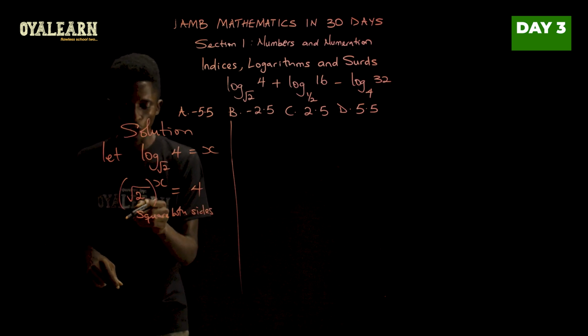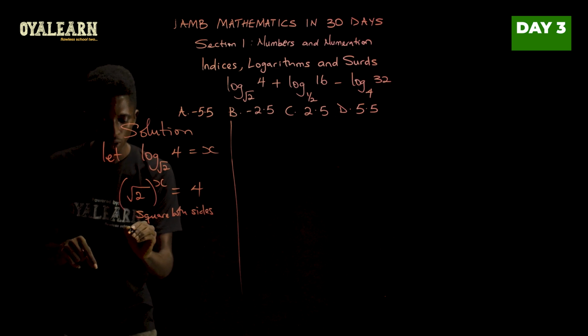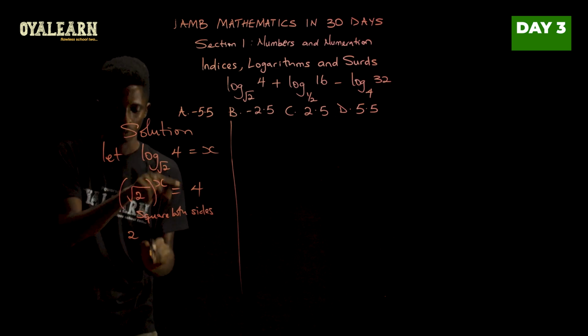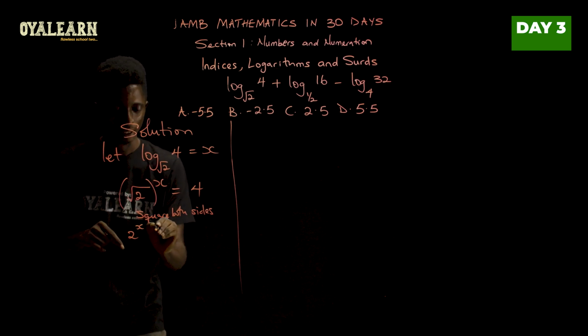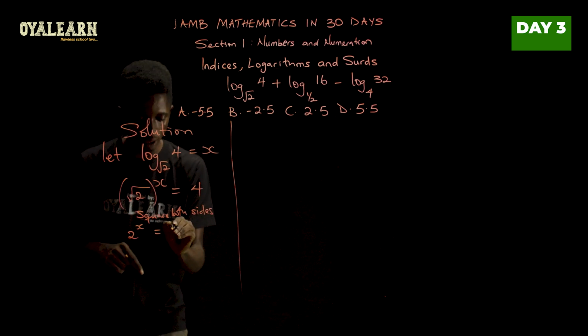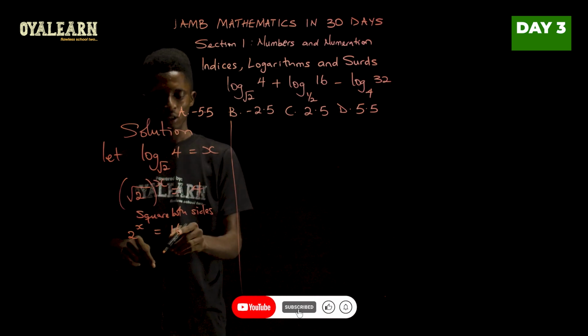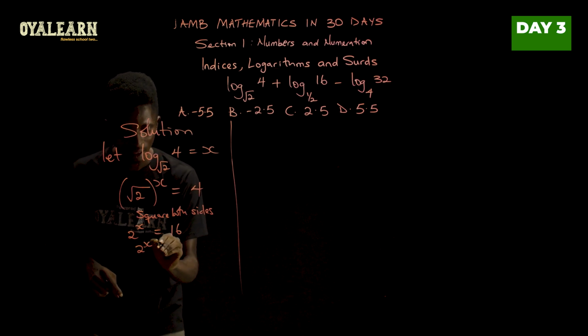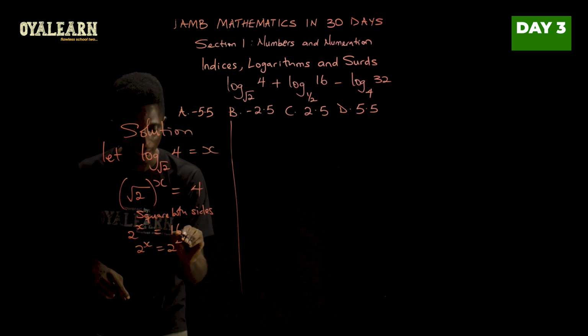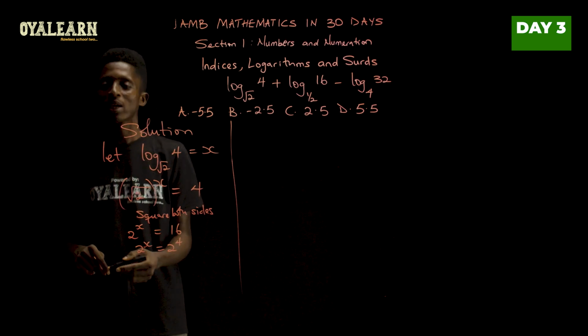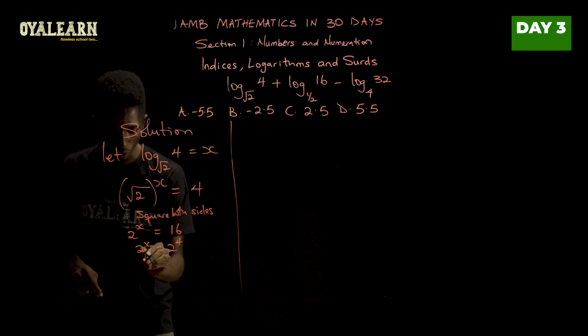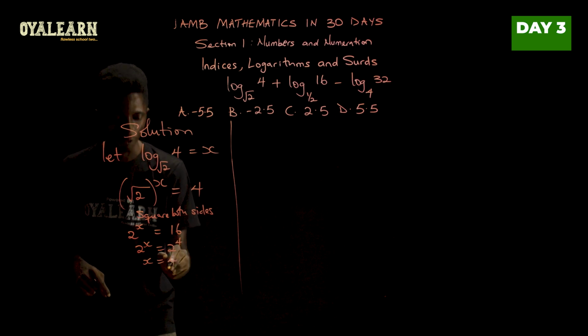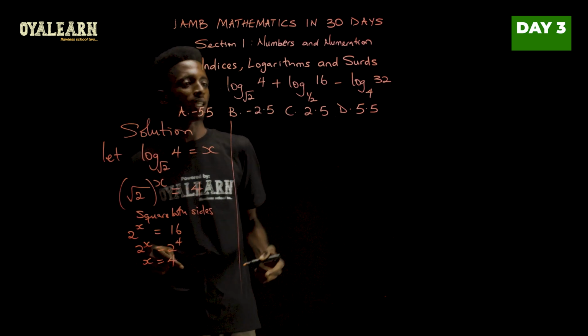Now surd 2 squared will give you 2, then power of x. Now this equals 4 squared, that is 16. So bringing this to base 2, you would have 2 to the x equals 2 with the power of 4. And since the bases are equal, then the powers should be equal. So x equals 4. That's for the first one here.